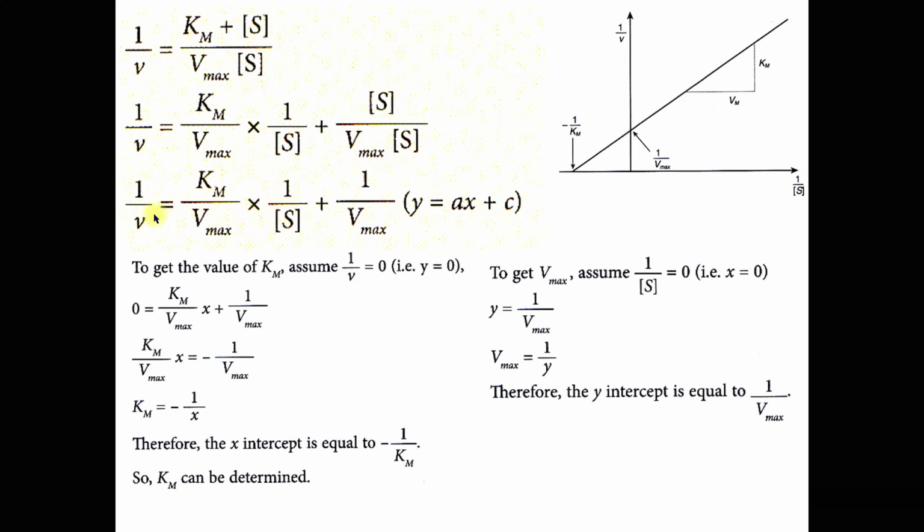Yang tinggal hanyalah 1 over V, which is y, sama dengan 1 over Vmax. So kita bawa Vmax ke atas, y ini bawa ke bawah. So Vmax sama dengan 1 bagi y. So y intercept ataupun pintasan paksi y sama dengan 1 over Vmax.